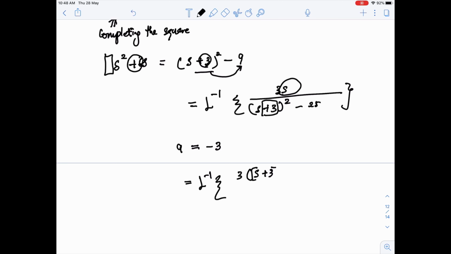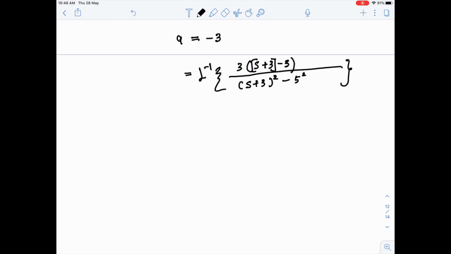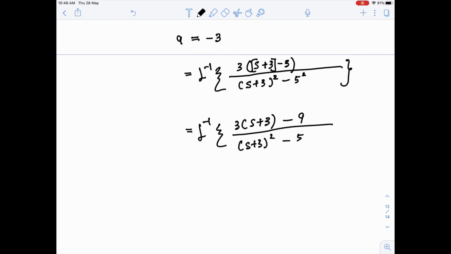And please be careful: when you add in 3, you need to minus 3 so that it will balance. So over here it remains as (s plus 3) squared minus, let me directly put in square form, 5 squared. So you insert back, you will get 3(s plus 3) minus 9 over (s plus 3) squared minus 5 squared.